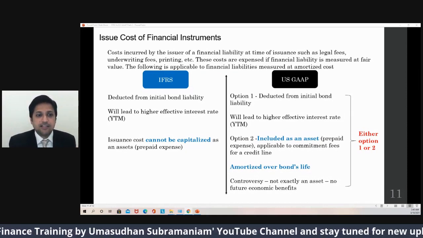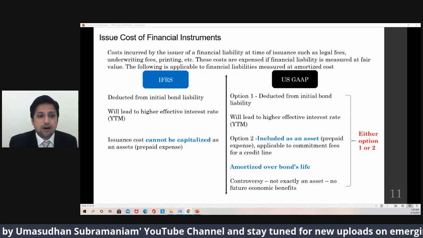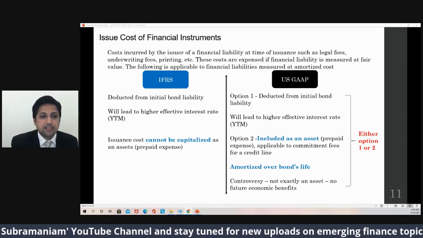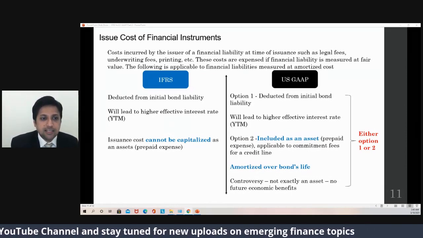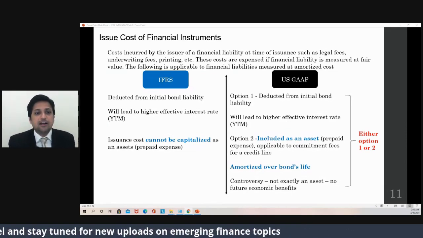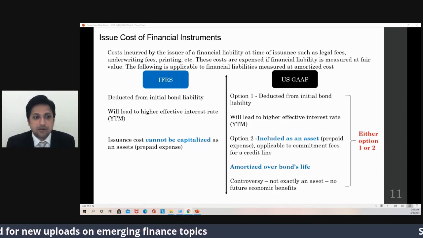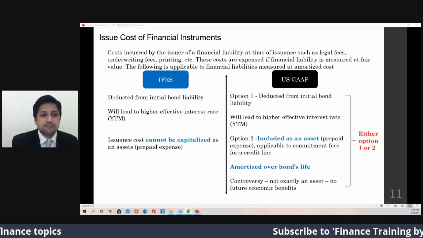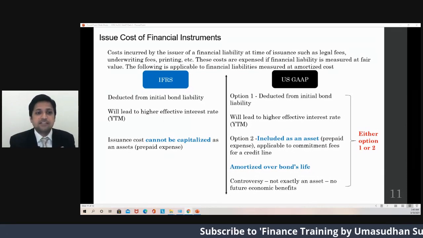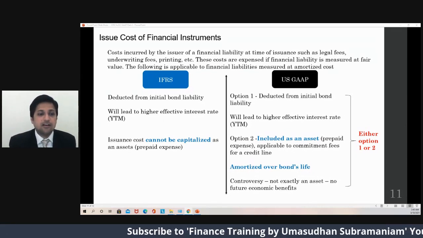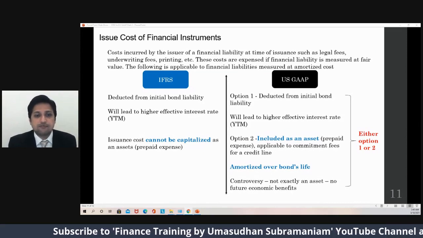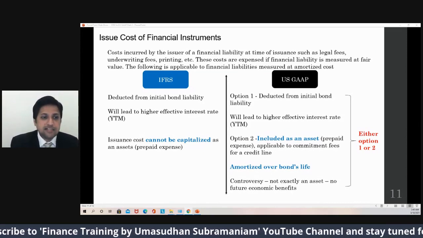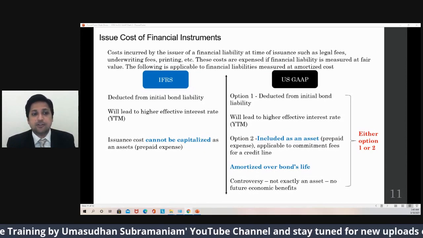In IFRS, the initial issue cost must be deducted from the initial bond liability, which will lead to a higher effective interest rate on the bond. However, in US GAAP, there are two options available. Option 1, which is similar to IFRS, where you deduct the issue cost from the bond liability, which will increase the effective interest rate on the bond.